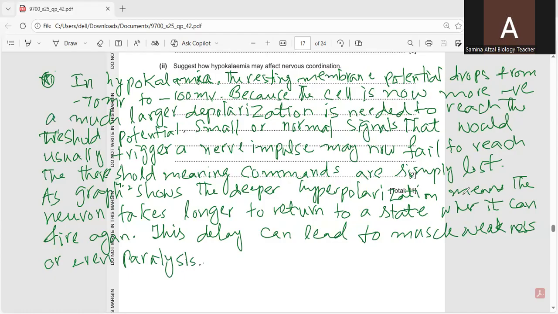So I have written these 4 points. You can choose any two. And in this way, this question is completed.